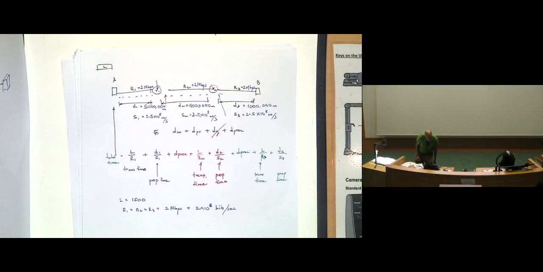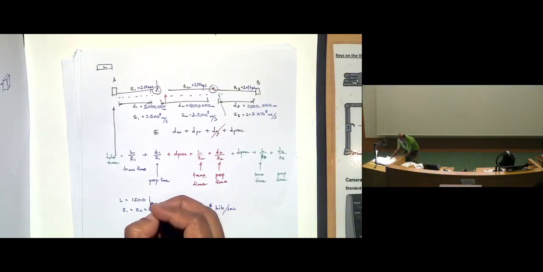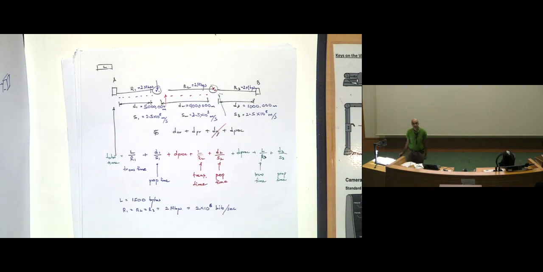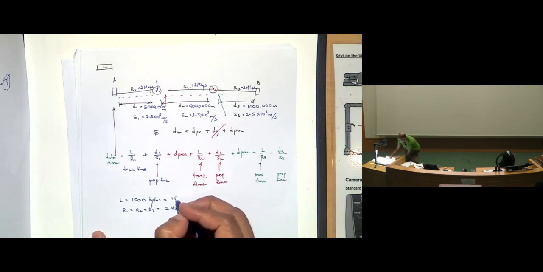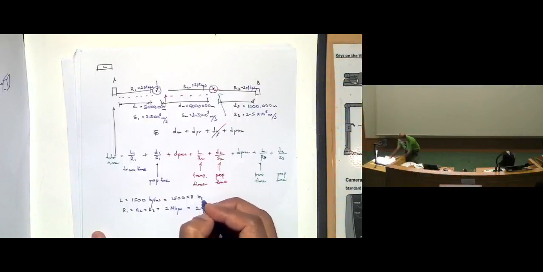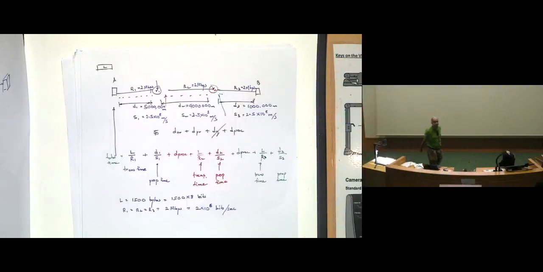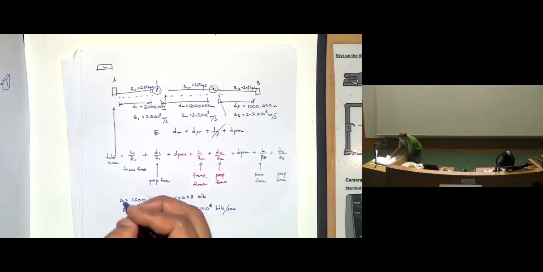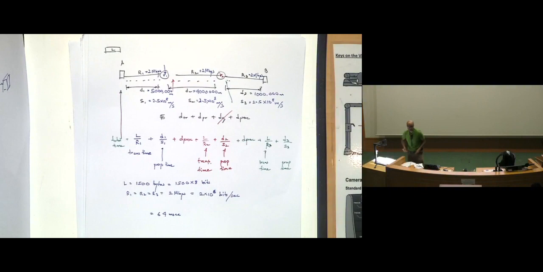And here the packet size is given in 1,500 bytes, so you have to convert it into bits first. Make sure all your units match up, otherwise you'll get an incorrect answer. And if you do plug in all these values, the whole thing should come out to be 64 milliseconds. Questions?